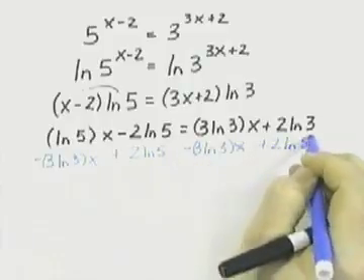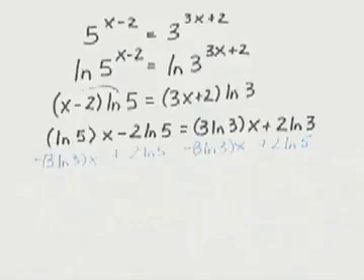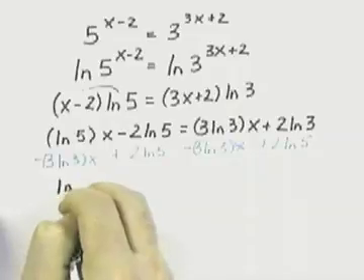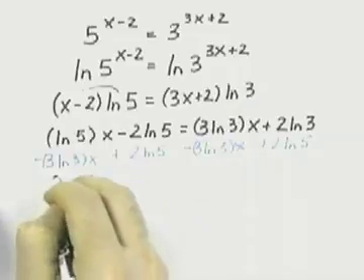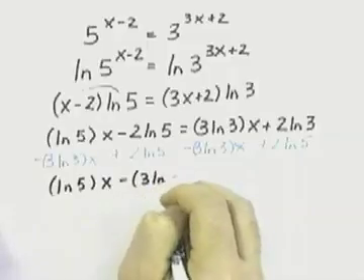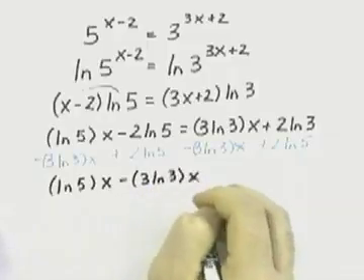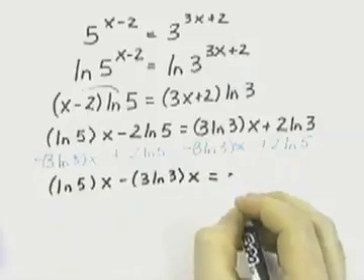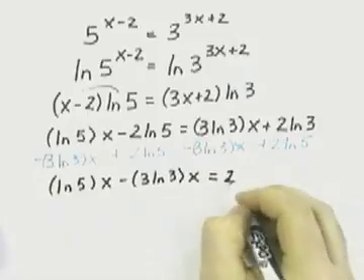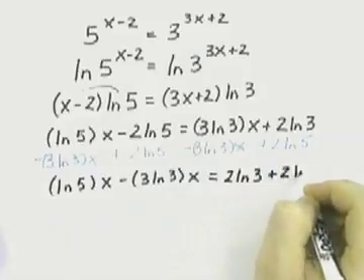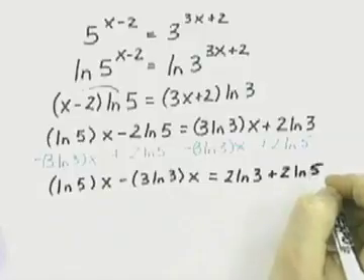So what I get on the left-hand side is going to be the natural log of 5 times x minus 3 natural log 3 times x. On the right-hand side, I'm going to have 2 natural log 3 plus 2 natural log 5.